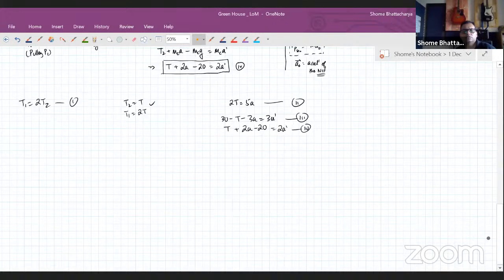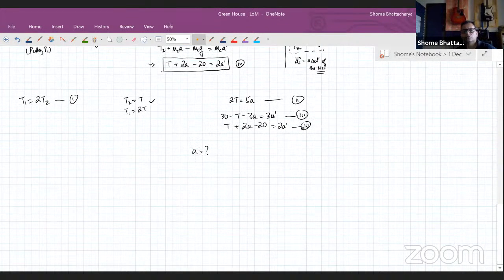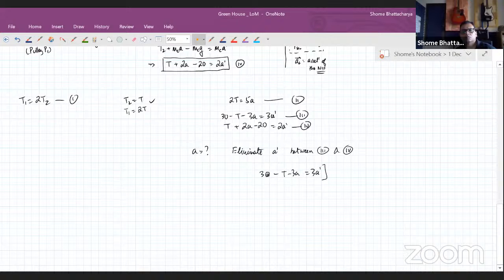So now we want to find out acceleration A. So first we will eliminate A prime between equation 3 and 4. We'll take equation 3 and multiply it with 2, and take equation 4 and multiply the whole equation with 3.